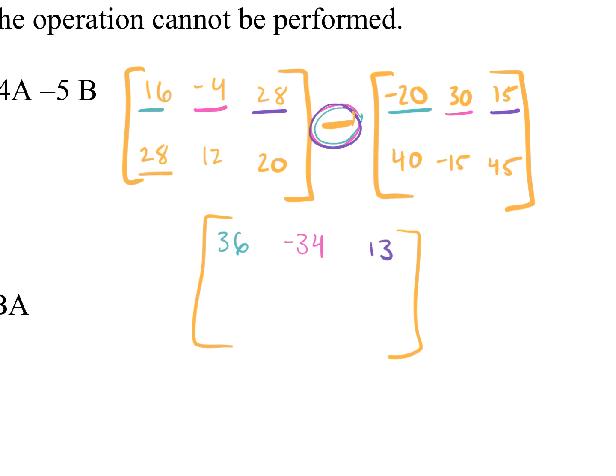Then we have 28 minus 40. What's 28 minus 40? Negative 12, perfect. 12 minus negative 15. So again, this turns into a plus. 12 plus 15 would be 27. And then lastly, 20 minus 45. Negative 25.